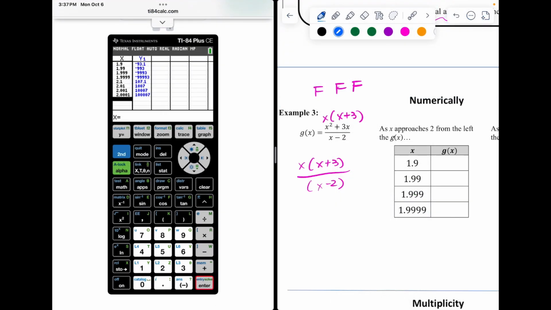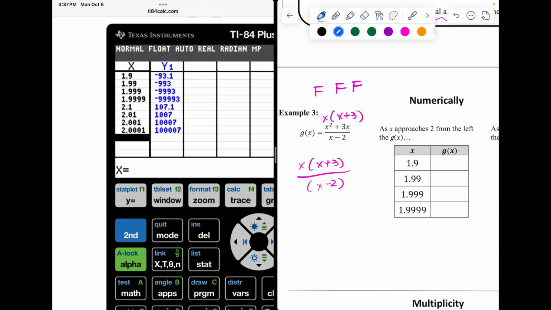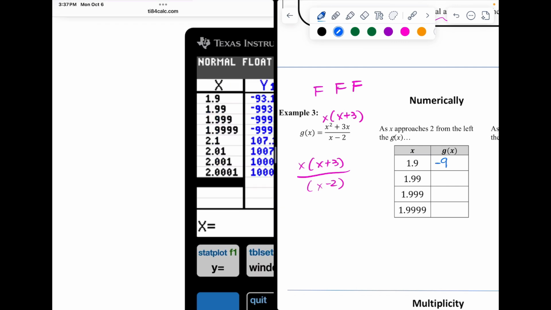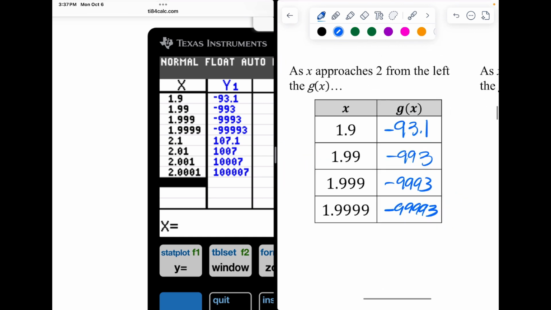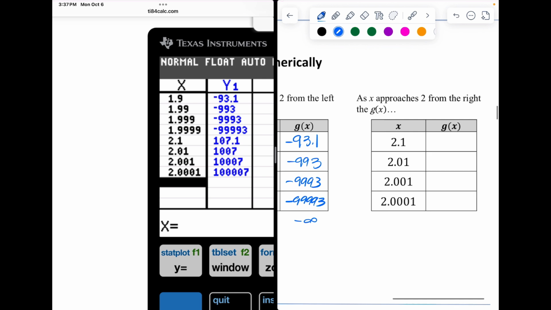Okay, so let's finish filling in this chart. At 1.9, it's negative 93.1. At 1.99, it's negative 993. At 1.999, it's negative 9993. And then 99993. So what do we see is happening? Every time we get closer to 2, we get closer and closer to negative infinity.